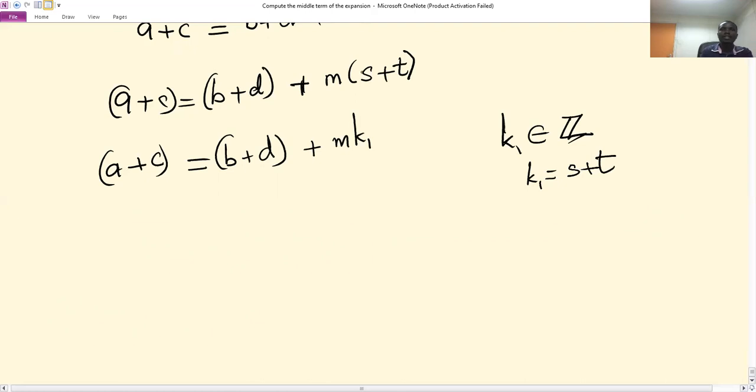You see, S is an integer, T is an integer. So adding two integers, we also get an integer. But then this equation is the same thing as saying A plus C minus B plus D is equal to M K1.